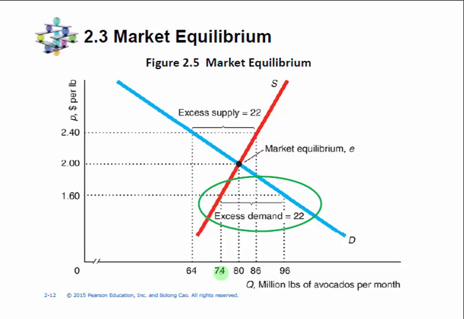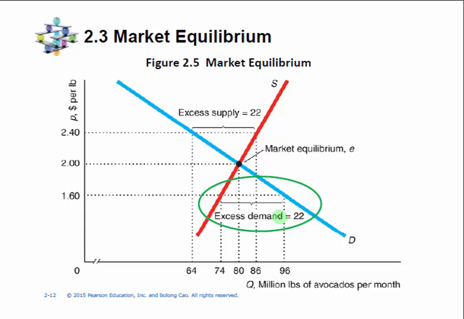It's 74 million pounds. So people find the shelf of avocados in the supermarkets empty, right? They cannot find enough supply, because quantity demanded exceeds the quantity supplied. In that situation, we call it an excess demand of 22 million pounds in this market.